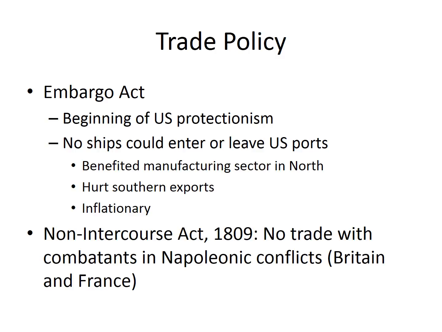Jefferson, in almost an act of desperation, gets tired of American shipping constantly being preyed on. And so he announces the Embargo Act. Henceforth, American ships will not leave port. Okay? And no foreign ships will enter American ports. The United States closes itself off entirely to trade.